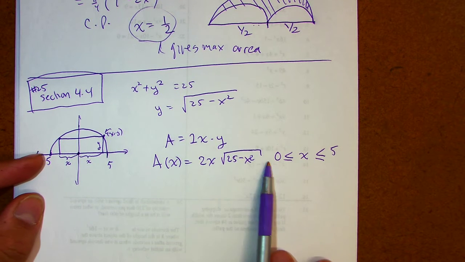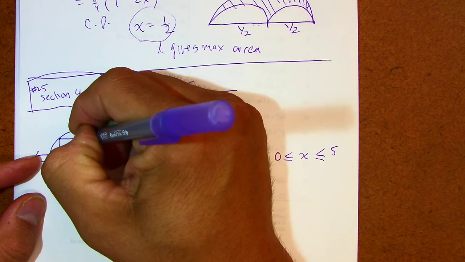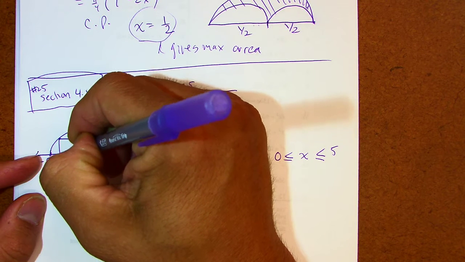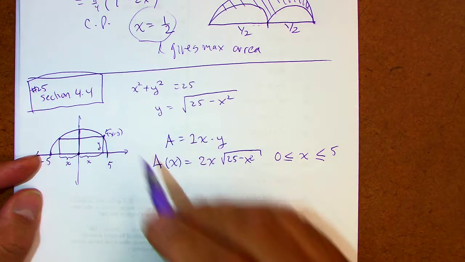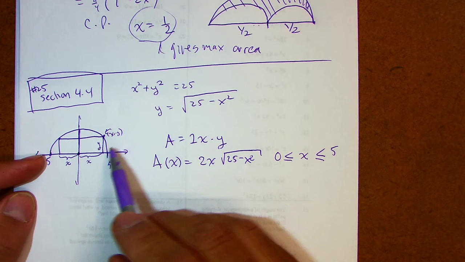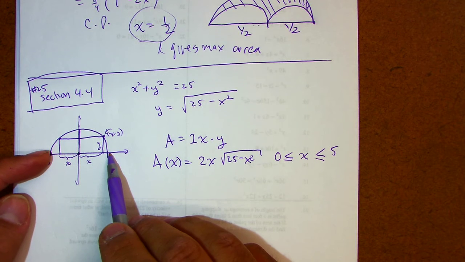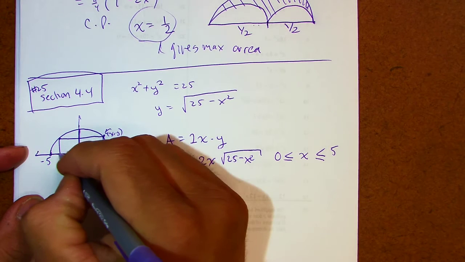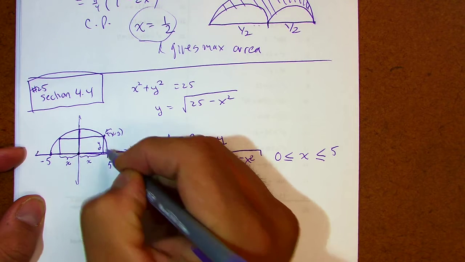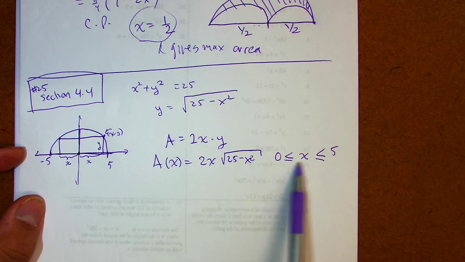When x is 0, that corresponds to a rectangle of width 0, which is not very useful for our application. And when x is 5, that corresponds to one with a length of 0 here. So this is just a line there. So the max would have to occur somewhere in this interval.